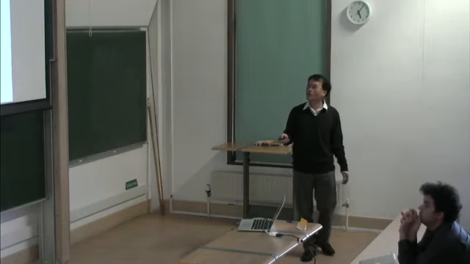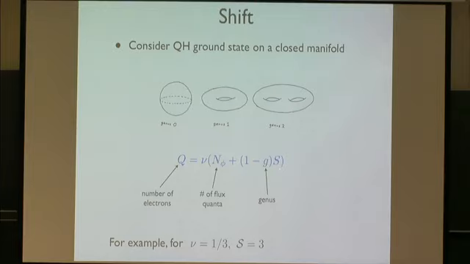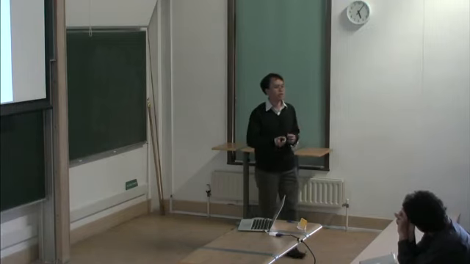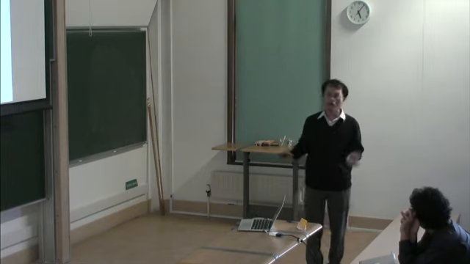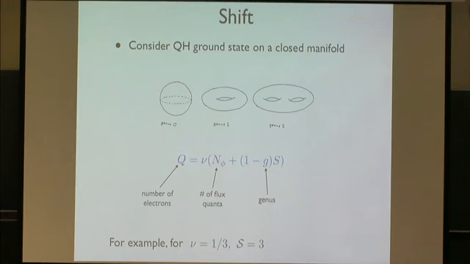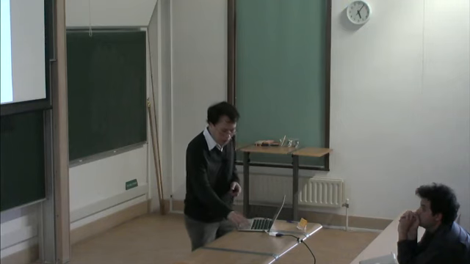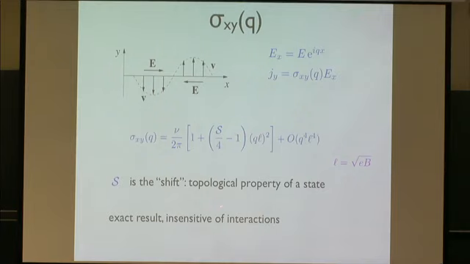For example, for the nu equal 1/3 quantum Hall state, this coefficient s is equal to 3, which can be derived by writing down the generalization of the Laughlin wave function on a sphere. For nu equal 1/5, s will equal 5, etc. So the relationship that we found here is a relationship between a dynamical quantity, the conductivity, and a topological property of the state.